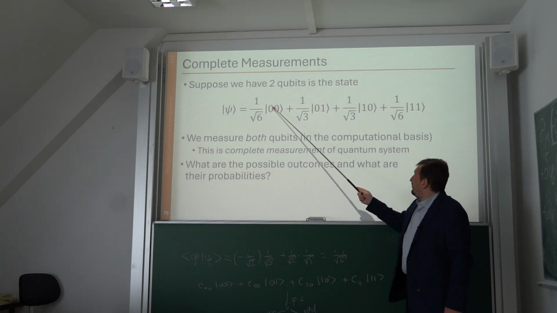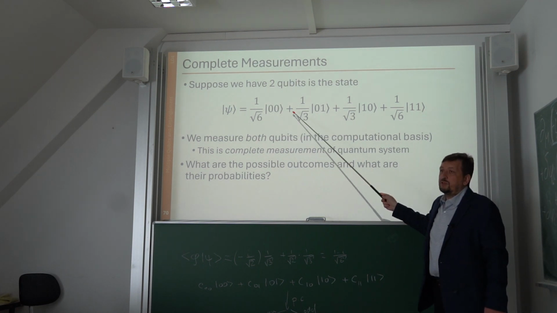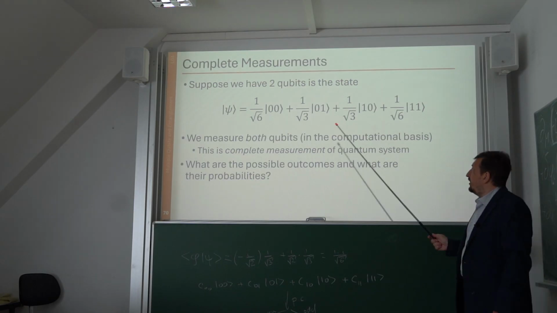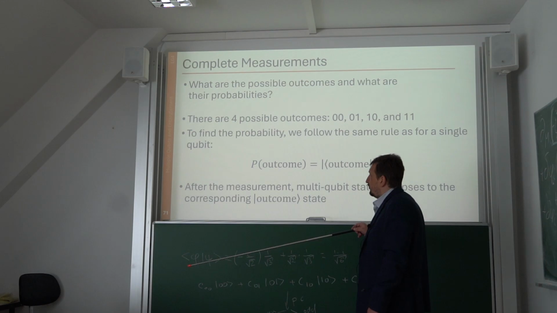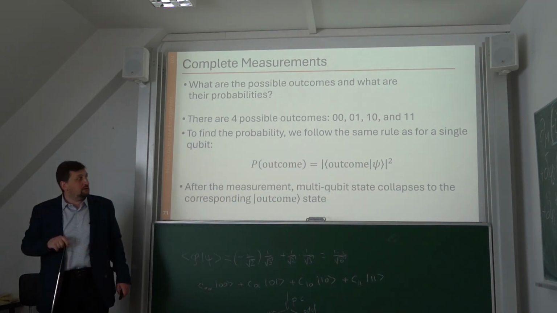But if we have it written in such a form, it's very easy. You just take this coefficient, absolute value squared, and this is your probability.